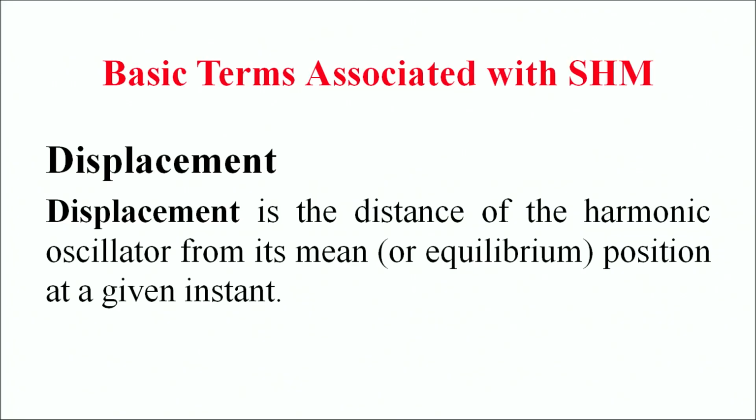Now, before proceeding further, let us first learn the basic terms associated with simple harmonic motion. The first term we are going to discuss is displacement. The displacement is the distance of the harmonic oscillator, the point in consideration, from its mean or equilibrium position at any given instant of time.